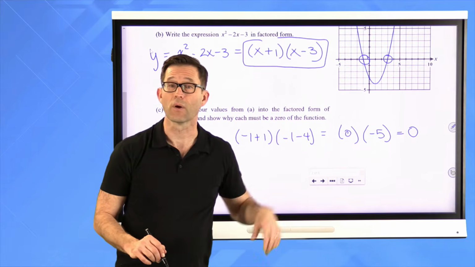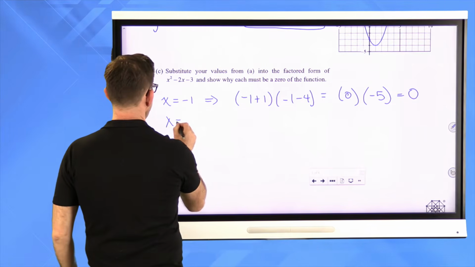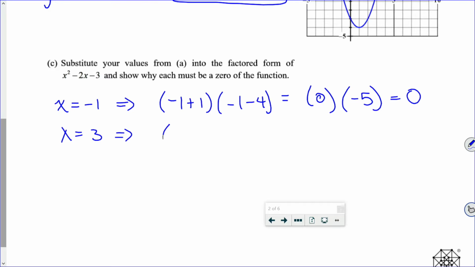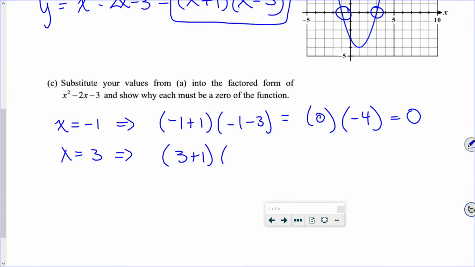Y equals 0. On the other hand, if I put 3 in, then I get 3 plus 1 times 3 minus 3, and that's 4 times 0, and that's also 0.